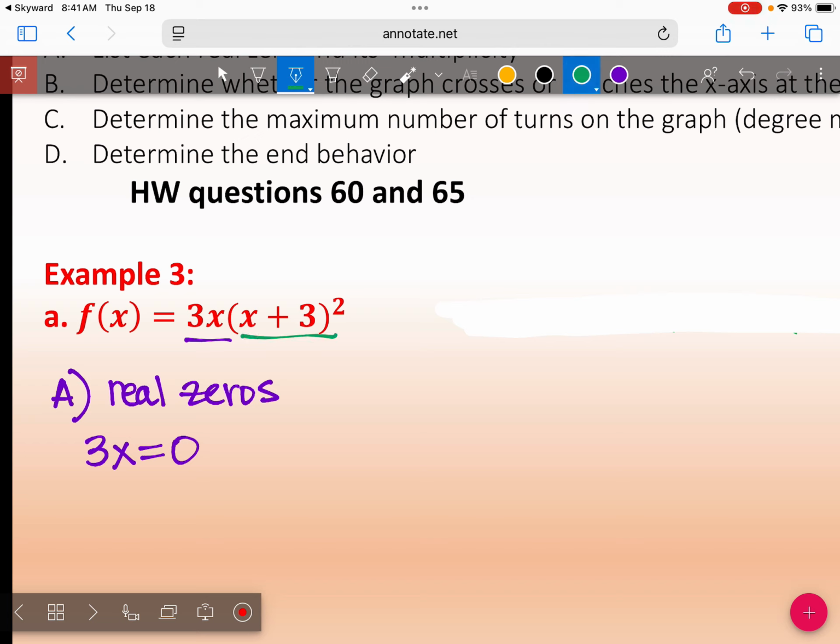My second factor is x plus 3. When I solve the first one, that means I have a 0 at x equals 0. Then my second one, when I solve it, means I have a second one at x equals -3.